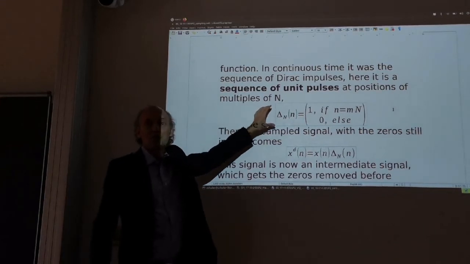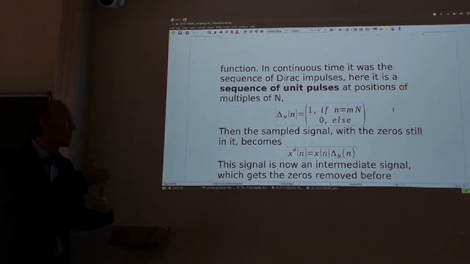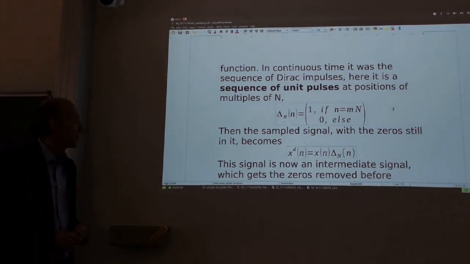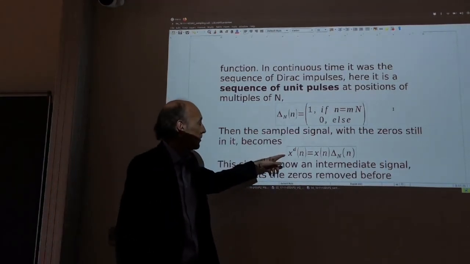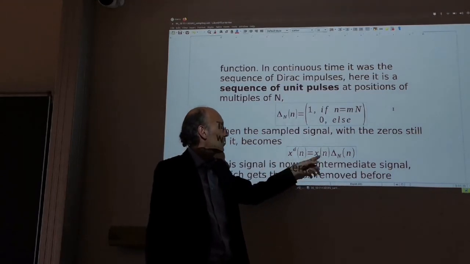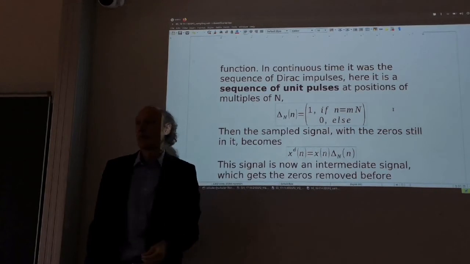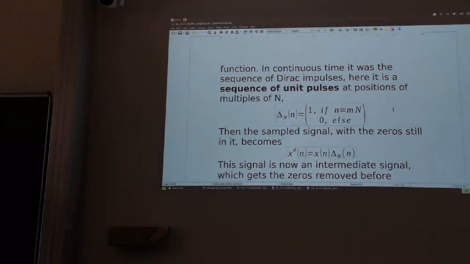Make sense? This is just a sequence of ones with zeros in between. Then the downsampled sequence just consists of multiplying the original sequence with this unit pulse sequence. It multiplies all the unwanted samples with zero.